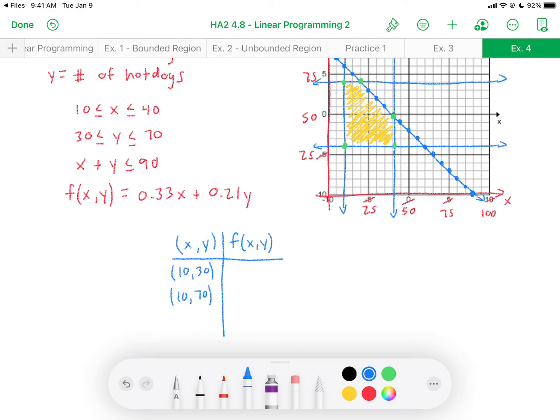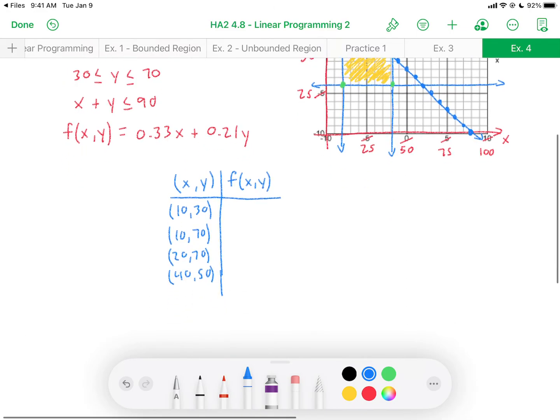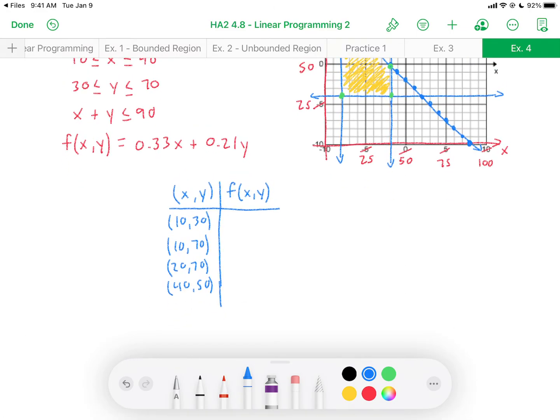The one to the right of that, that appears to be at 20, 70. And then we got one at 40, 50, it looks like. And then the bottom right one, 40, 30.